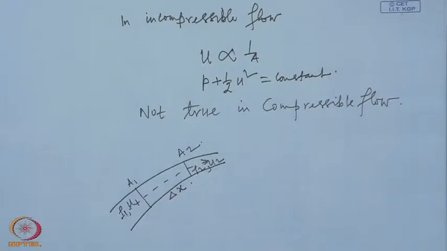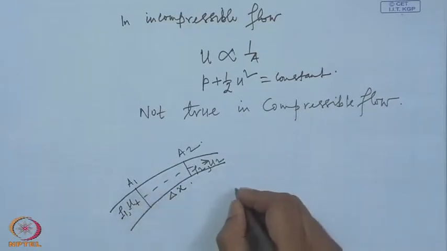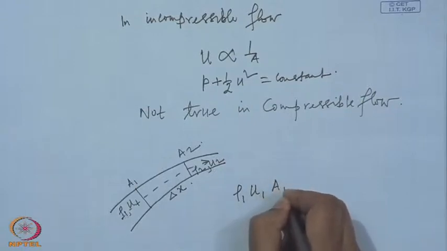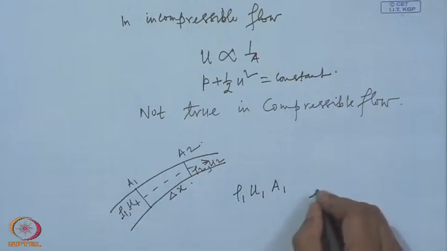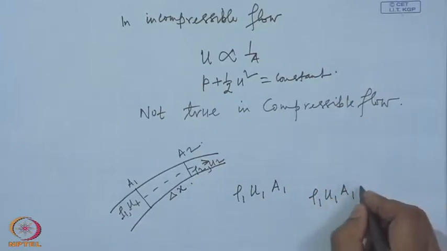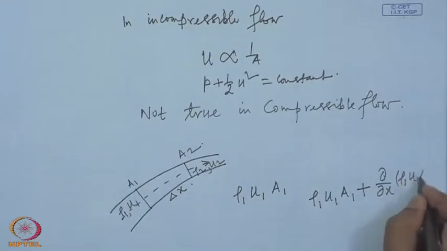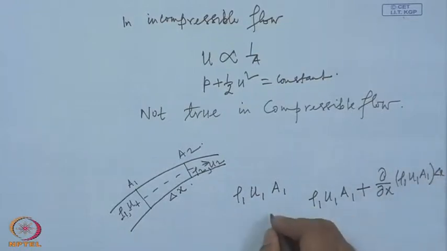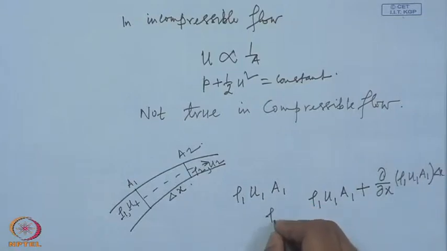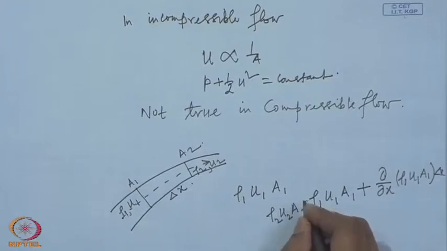Then the mass flux that enters through the cross section at A 1 is given by rho 1 u 1 A 1, and that at cross section 2 should be rho 1 u 1 A 1 plus the rate of change of this mass flux over the length into the length, and this is equal to the mass flux at station 2, rho 2 u 2 A 2.